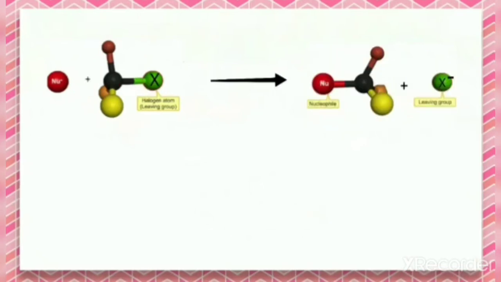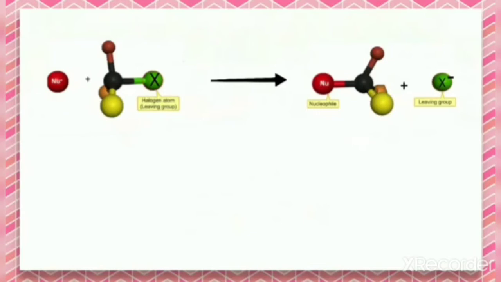As we know, the negative charge is attracted toward the positive charge, so it gets attached to the partially positively charged carbon atom, and with the leaving of the X, it gives rise to the product, that is, the nucleophile gets attached and X, the leaving group halogen, is removed. So how does this reaction take place? Let us discuss the mechanism.